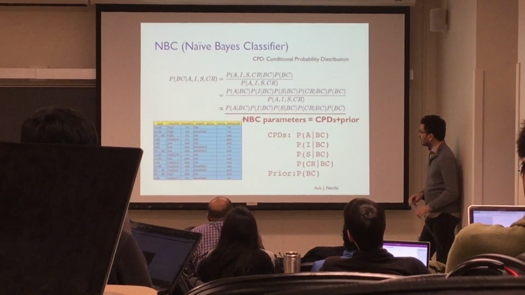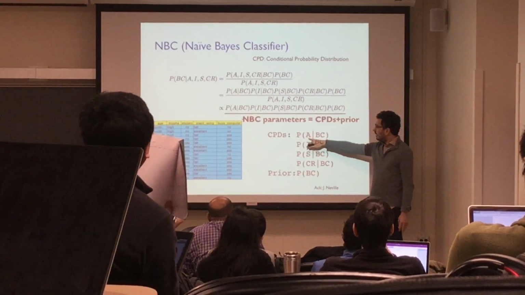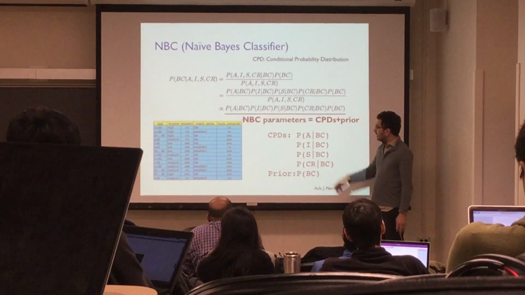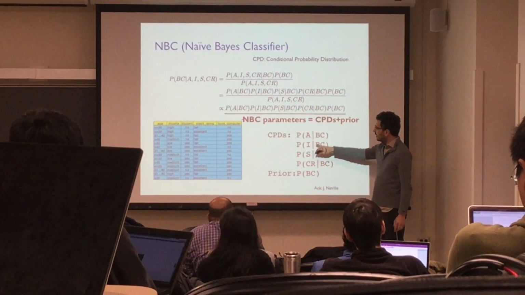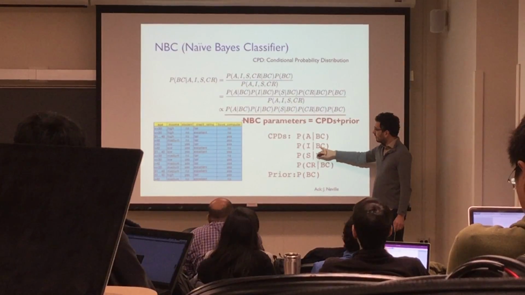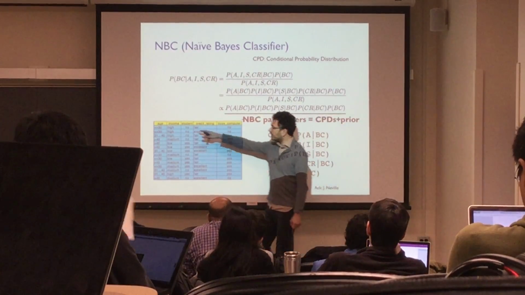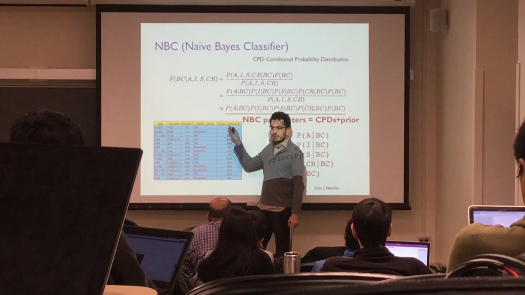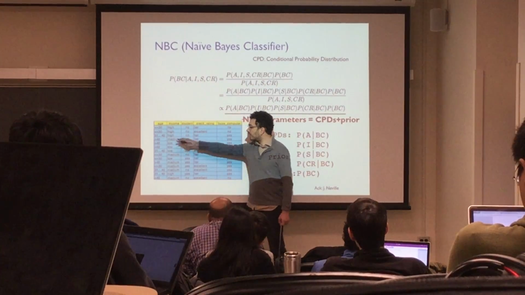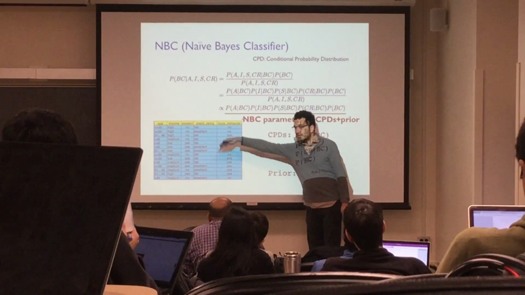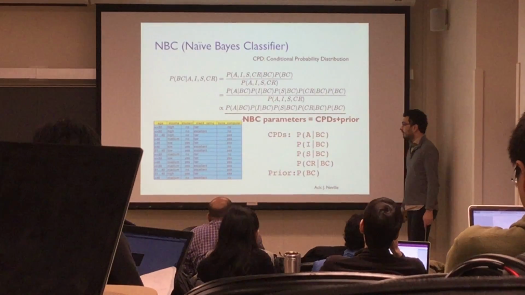So we only need to compute the probability of age given buys computer, probability of income given buys computer. So just counting these frequencies for each of these types. For no, you count all the frequencies of income. For yes, you count all the frequencies of income. So you're just counting frequencies.